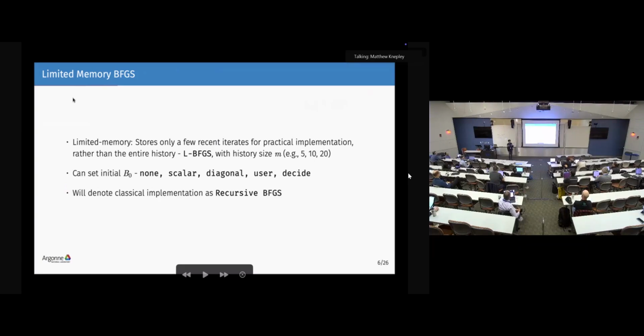That usually means some sort of initial guess about your problem, or some previously known information about the problem or geometry you're trying to solve. And I will denote the classical implementation that you probably saw in an introduction to optimization class as recursive BFGS.